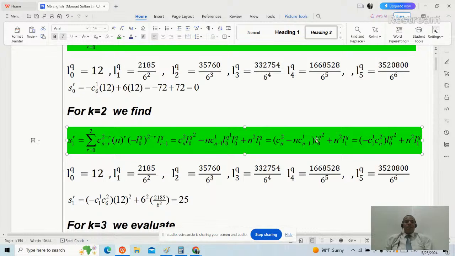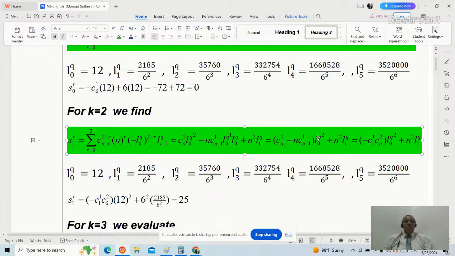I will put all of this outside the brackets as L0 of q squared times 2n minus n choose 1 and minus 1, plus the square of n times L1 of q.